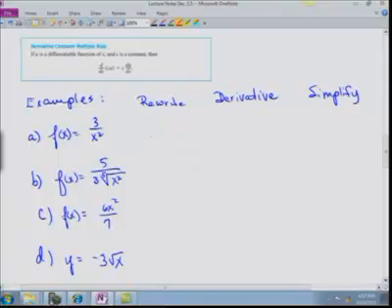So how should we rewrite this guy? Okay, and then what's the derivative? And then simplified? Okay, was that okay? We're good?